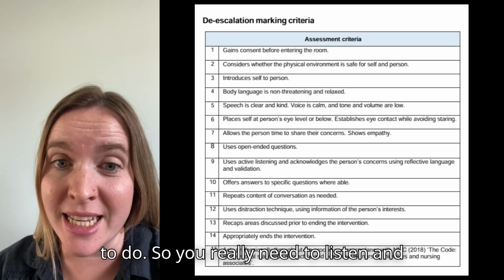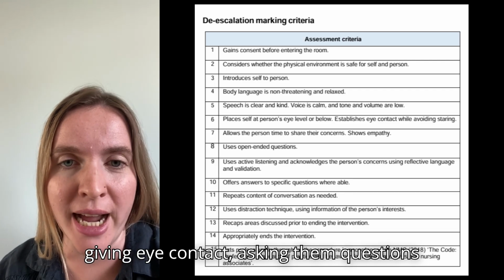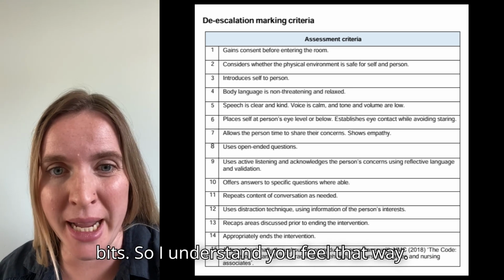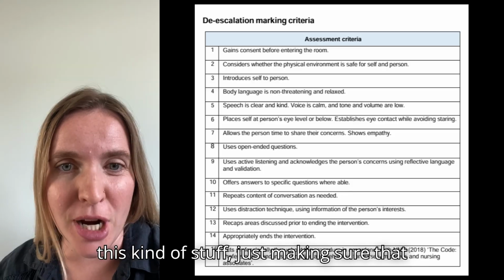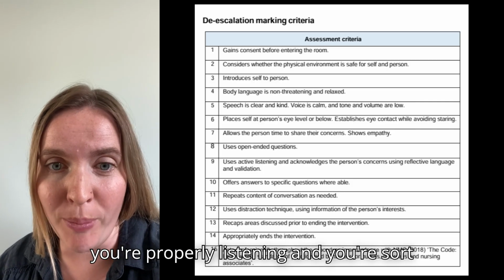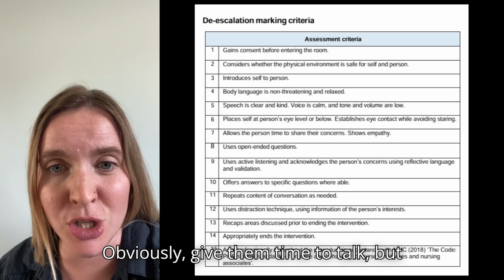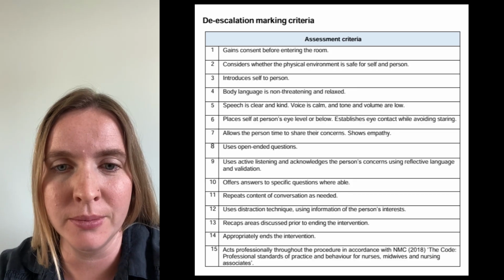You really need to listen and engage. So, giving eye contact, asking them questions about what's going on, repeating little bits. So, I understand you feel that way, this kind of stuff. Just making sure that you're properly listening and you're getting involved in the conversation. Obviously give them time to talk, but ask them questions as well.